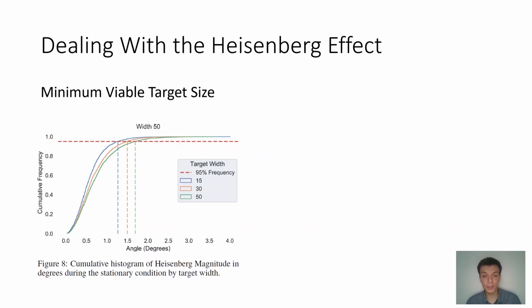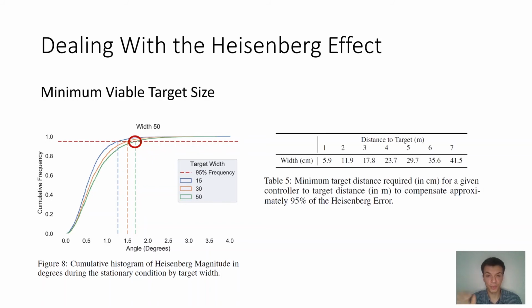So if we do use this value to calculate the targets that are necessary to be large enough to compensate for this magnitude, we can see that the targets have to be rather large. And this is for the ideal situation that the participant is pointing at the center without any hand jitter whatsoever. So the targets would need to be even larger, which is totally impractical for real life.